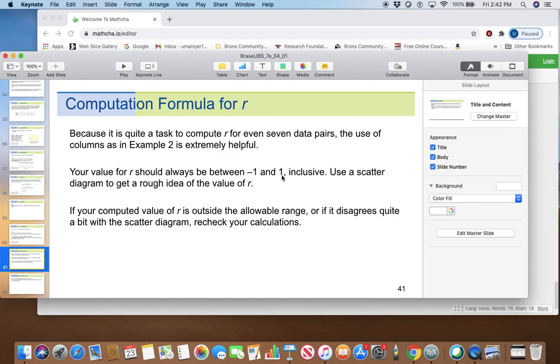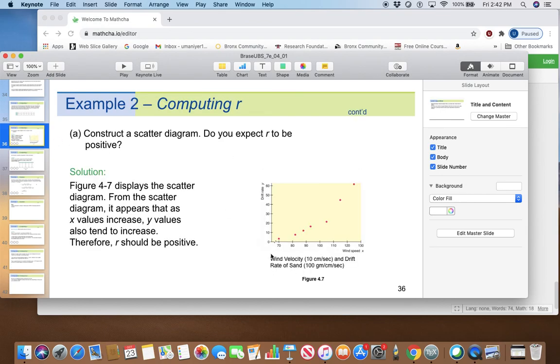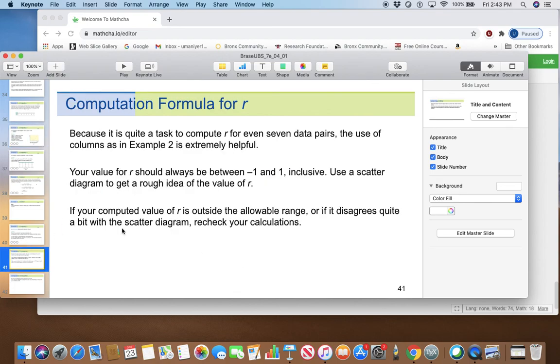Your R must be between these two. If your diagram says it's going up, then R has to be positive. If your diagram shows going down, then R would be negative. If your diagram is all over the place, you expect R to be closer to 0. If your diagram is closer to a line, your R will be closer to +1 if it's going up, -1 if it's going down. So these are intuitive ideas you need to know, which will help you detect any errors in R.